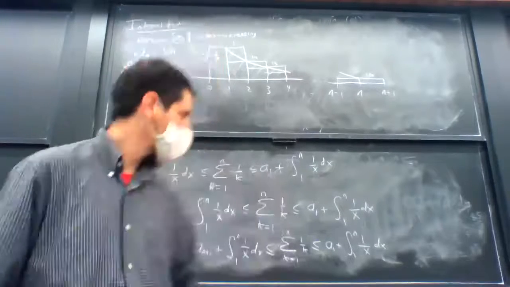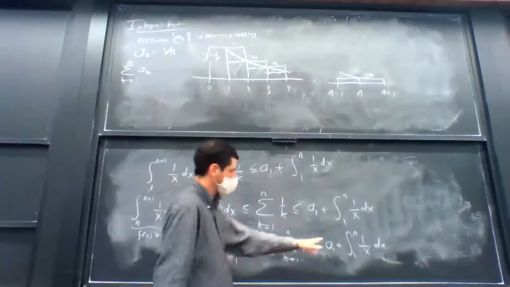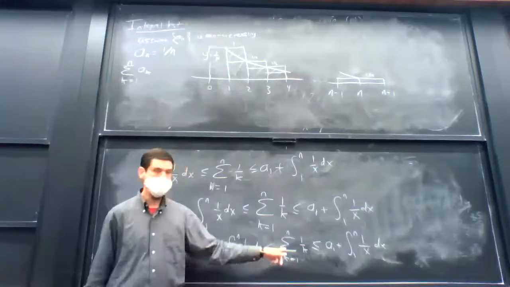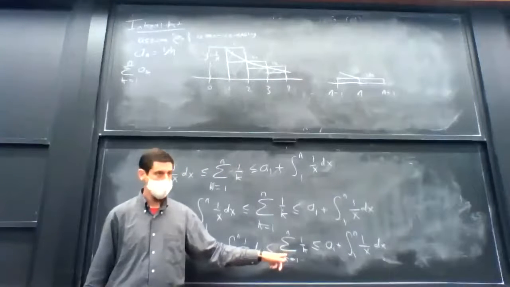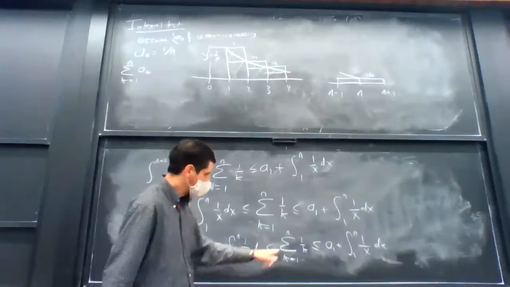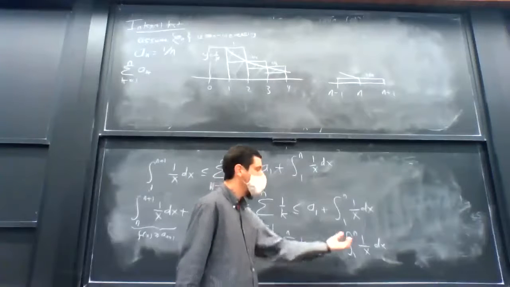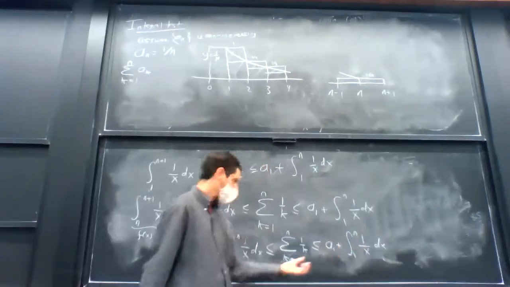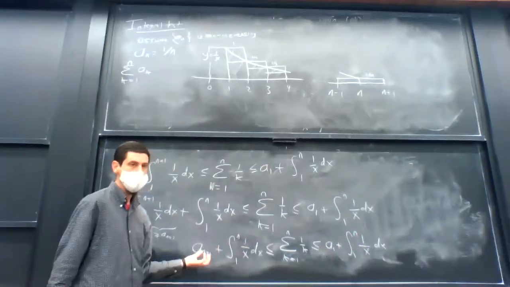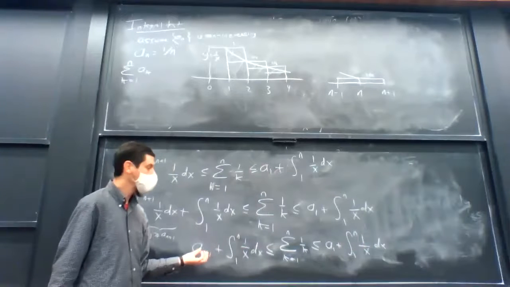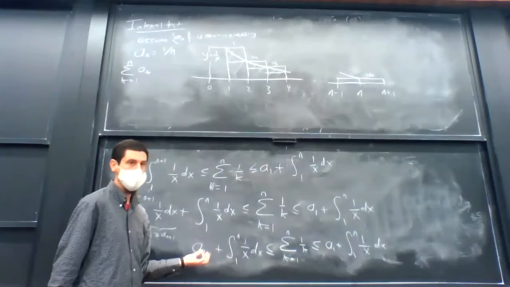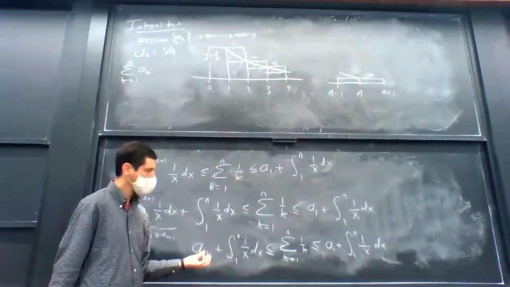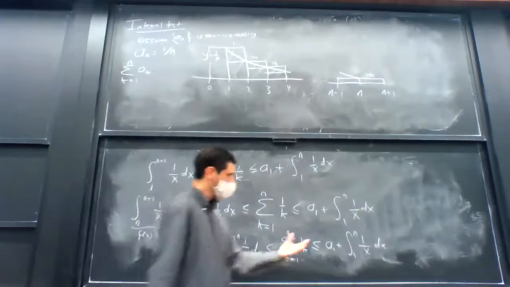Now we have the same integral above and below the sum. And we know that this sum is at most the integral plus a1, and it's at least the integral plus a_{n+1}. So now we have a really good estimation in terms of how much we can be off by.